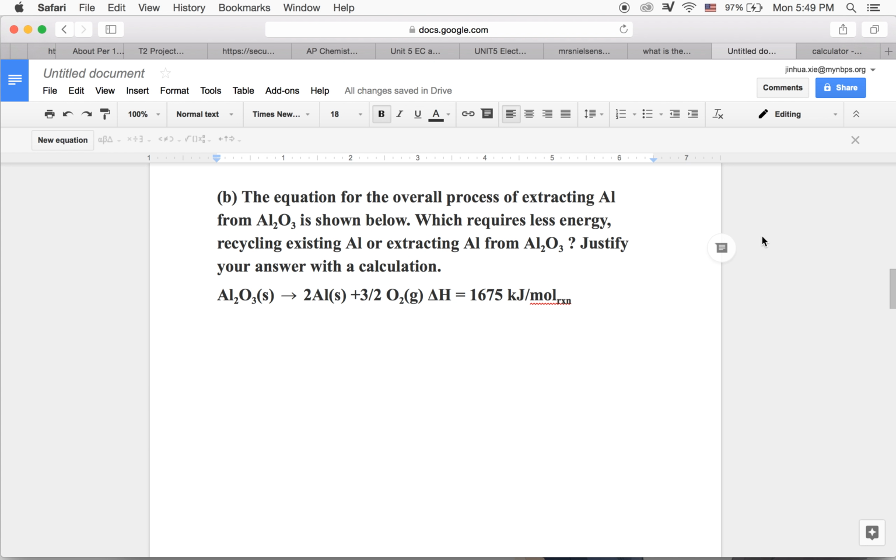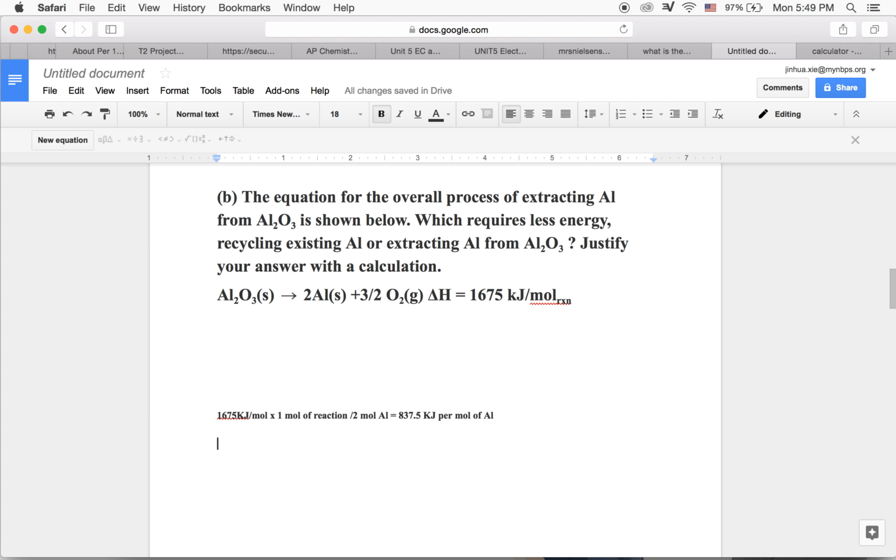So for extracting Al, we calculate 1675 kilojoules per mole times 1 mole of the total reaction divided by 2 mole of Al. We got 837.5 kilojoules per mole of Al.